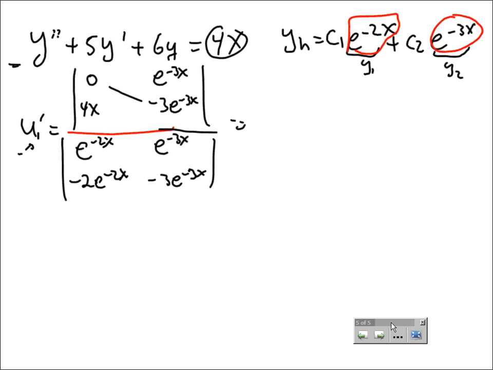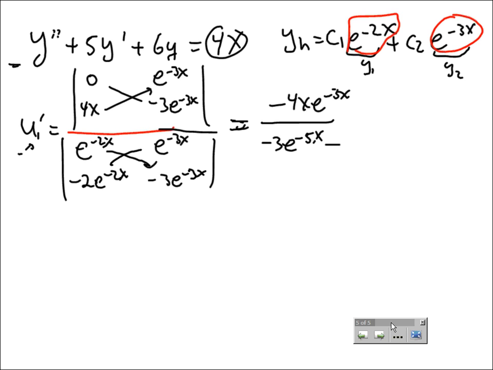So that product, which is 0, minus that product, which is 4x e to the negative 3x. And in the bottom here, that product is negative 3 e to the negative 5x minus that product is negative 2 e to the negative 5x. It becomes plus 2 e to the negative 5x.